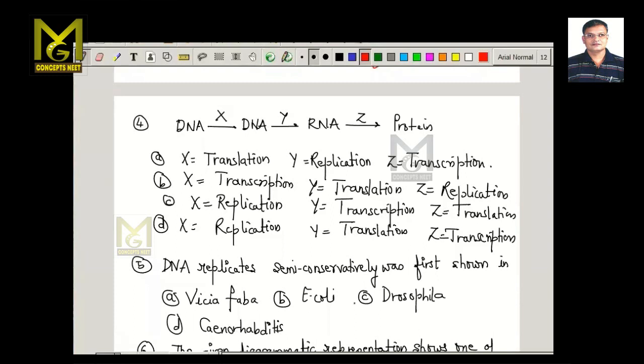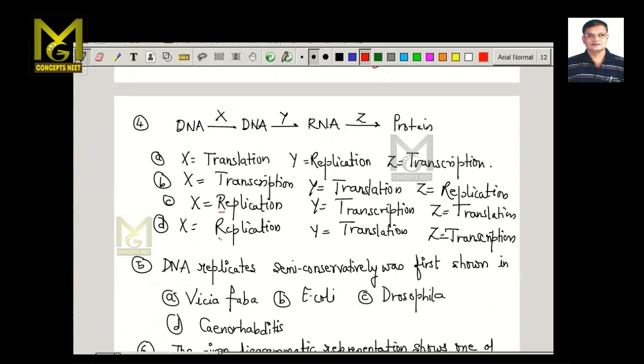DNA X gives rise to DNA, Y gives rise to RNA, and Z gives rise to protein. What are these processes referred to? DNA is the molecule which undergoes replication, so X has to be replication.